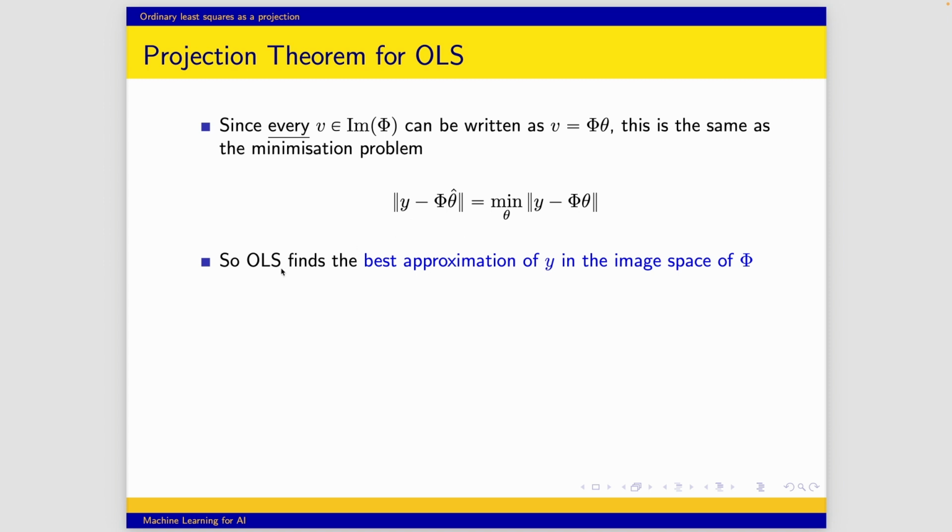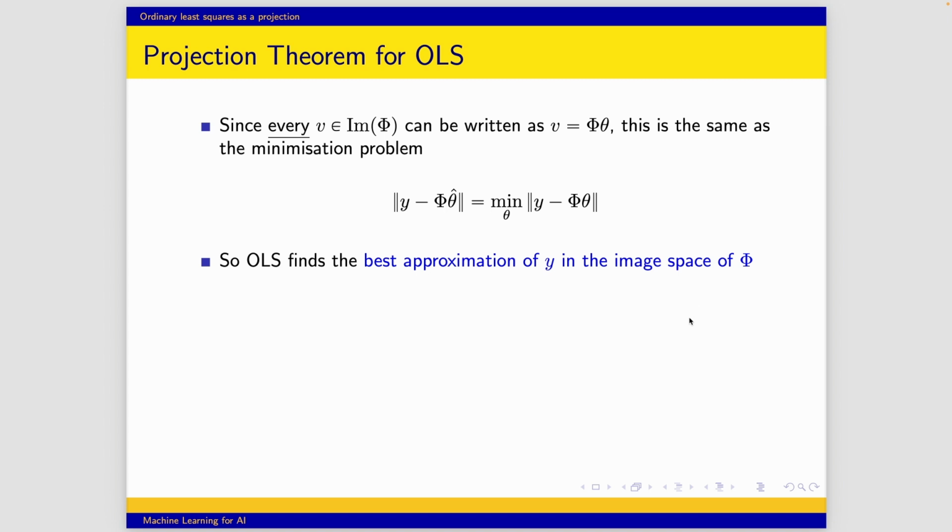So this is telling us that ordinary least squares is equivalently the best approximation of Y in the image space of our design matrix. And that image space is a closed subspace of Rn. We restrict our attention to only this subspace. We want to find an approximation of our target vector using a vector in the image space of phi.